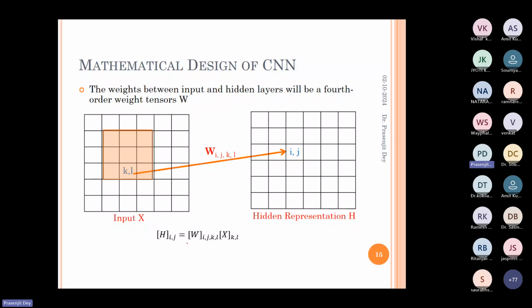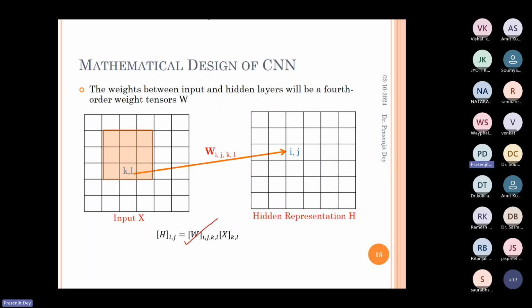So obviously we will come up with a weight matrix, which is connecting all the input nodes with all the hidden nodes. Previously I talked about the property that it should be translation invariant and it should also follow the locality principle.